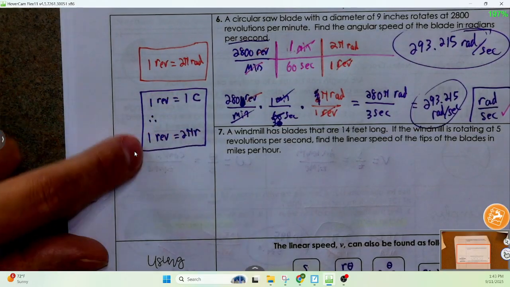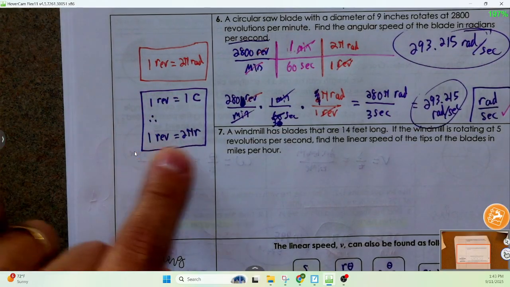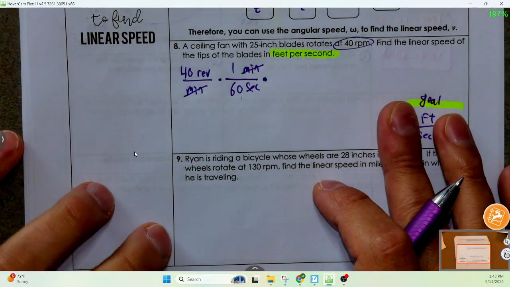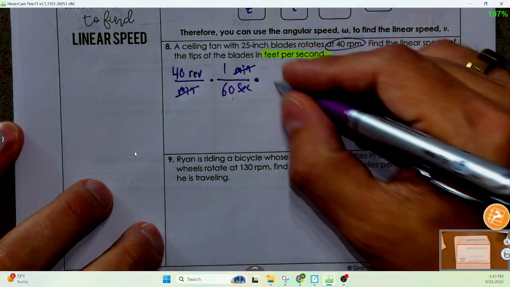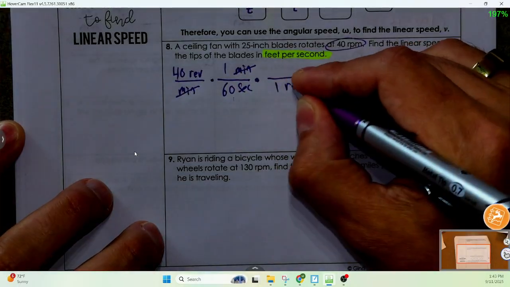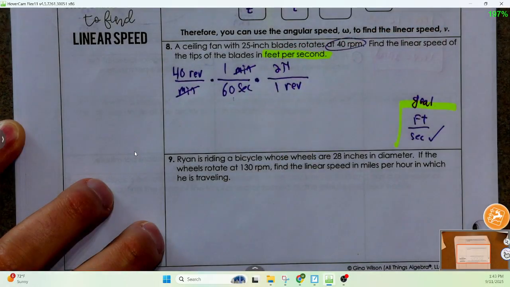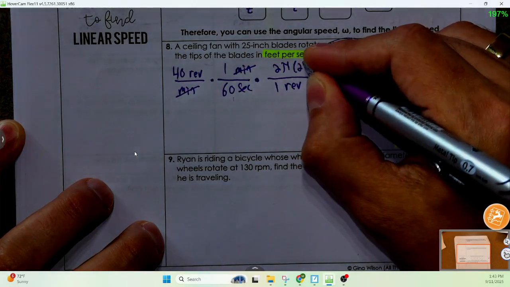This is going to get you feet. So 1 rev is 2 pi times the radius. So all we have to do is put 1 rev on the bottom because we want to get rid of it, right? See you later, 1 rev. And that is 2 pi r. Well, r is 25 inches.